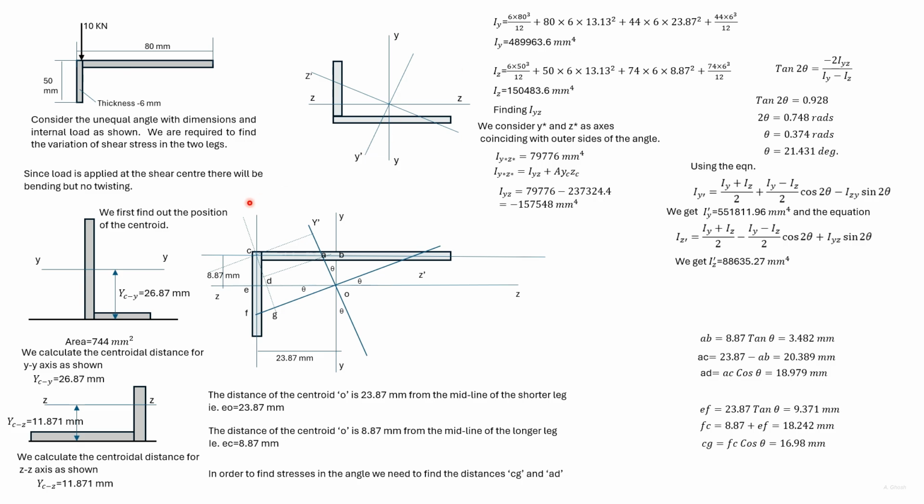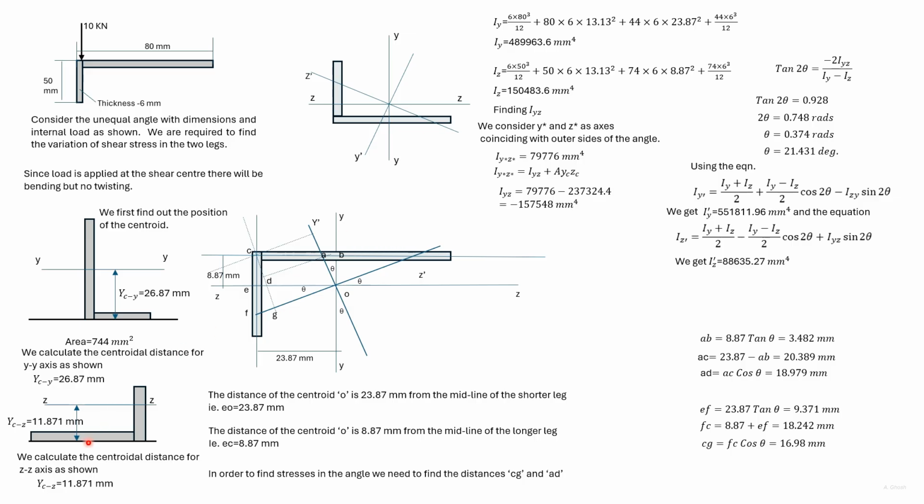To start with, we find out the position of the centroid. The distance of the centroid from the outer edge of the shorter leg is found to be this value. We consider this axis parallel to the outer edge of the shorter leg to be the YY axis.